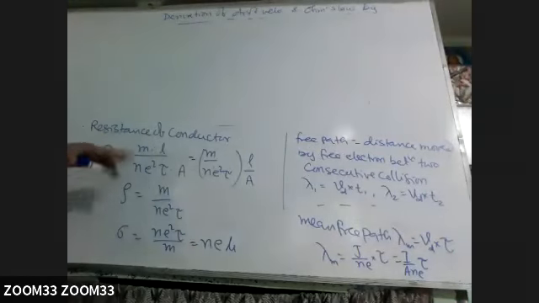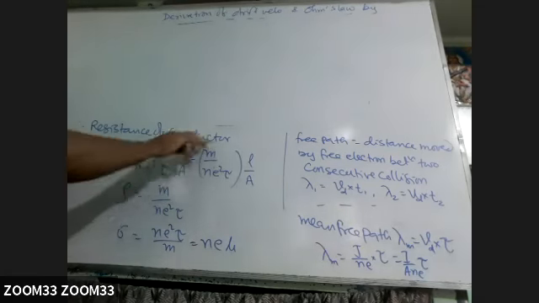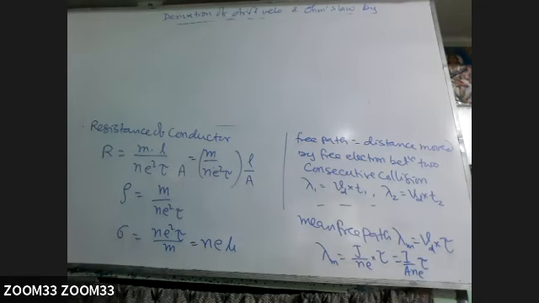This resistance inverse will be the conductance G. So G will be 1 by R, that is this by this. We know all the relations.